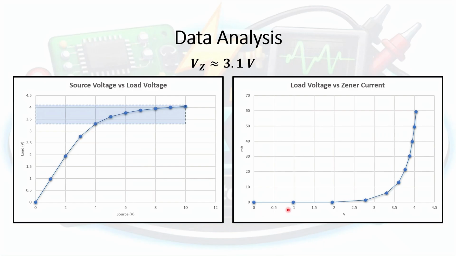Now, as you can see here in this line graph, when the load voltage is less than 3.1 volts, the reverse breakdown voltage, there was very little current passing through the diode. So it's an ordinary diode, as mentioned earlier, in reverse bias when the voltage on the diode is less than the reverse breakdown voltage.